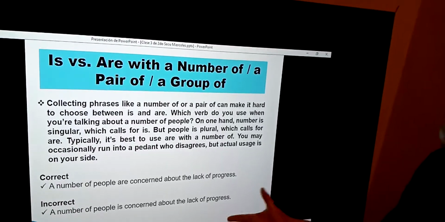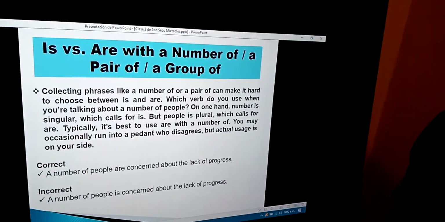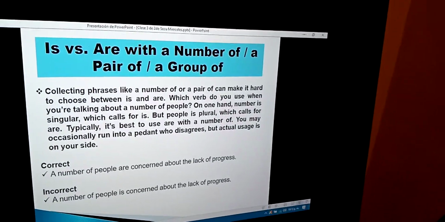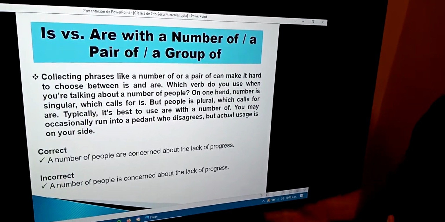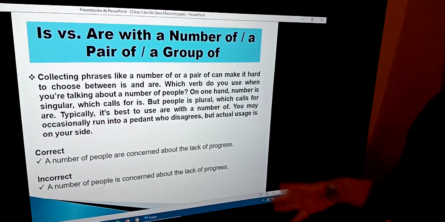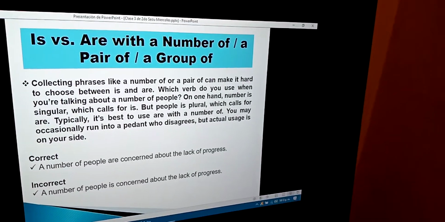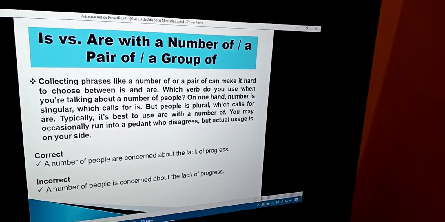Look at correct and incorrect. The correct is: a number of people are concerned about the lack of progress. The incorrect is: a number of people is concerned about the lack of progress, okay?